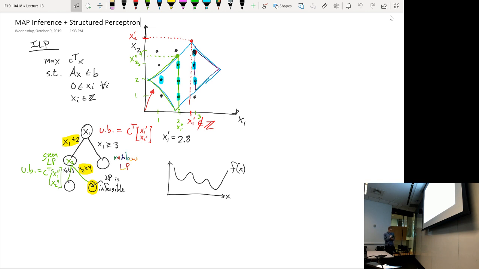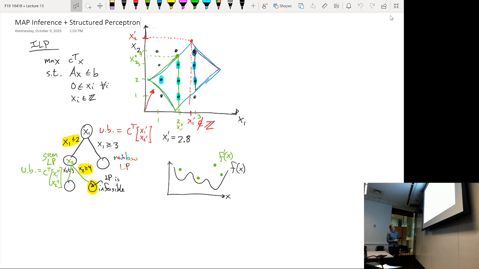Now let me draw a different non-convex function of x. So this is f prime of x. So f prime of x is also a non-convex function.